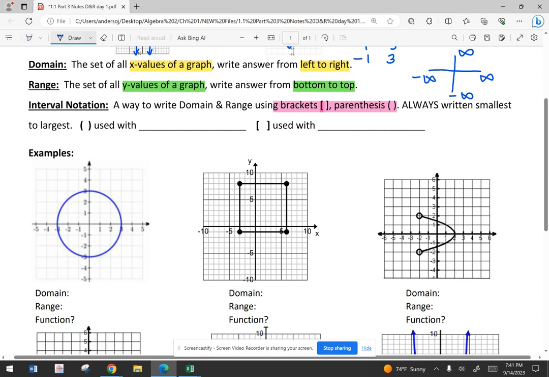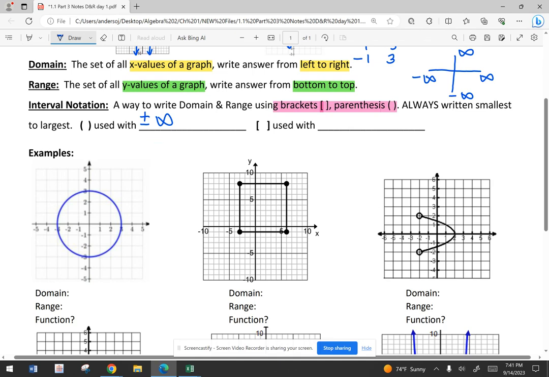I'll walk you through when you're going to use both of those. A set of parentheses is used when you are going to positive or negative infinity, meaning the graph is going all the way to the left or all the way to the right, or possibly it's going all the way down and all the way up.